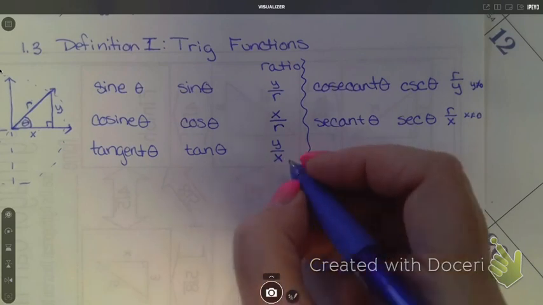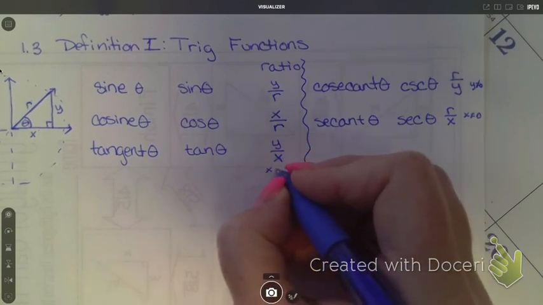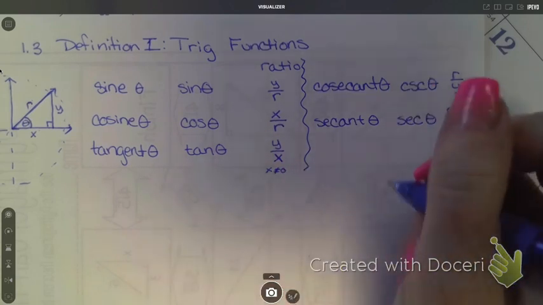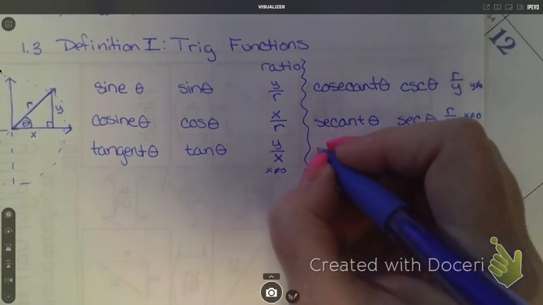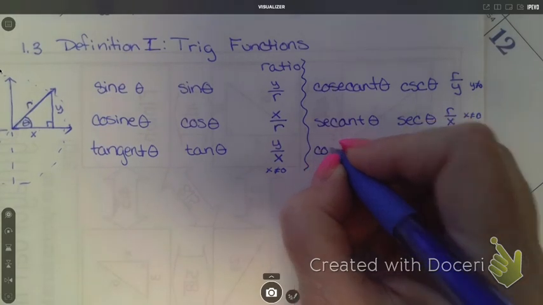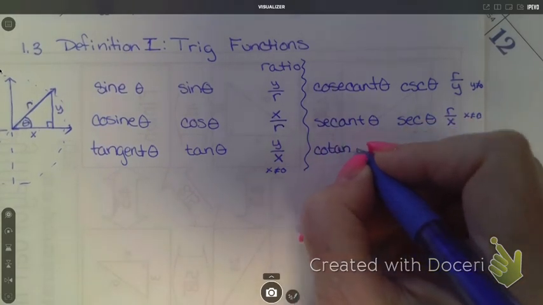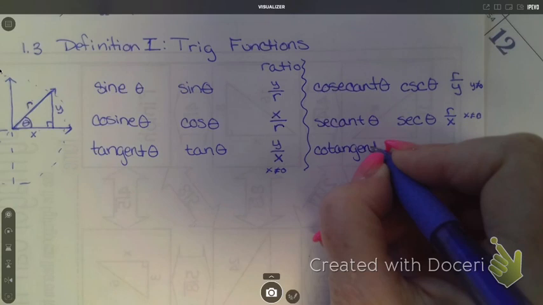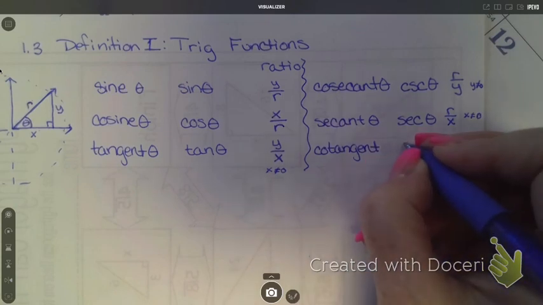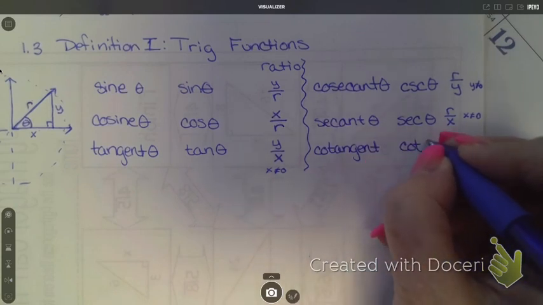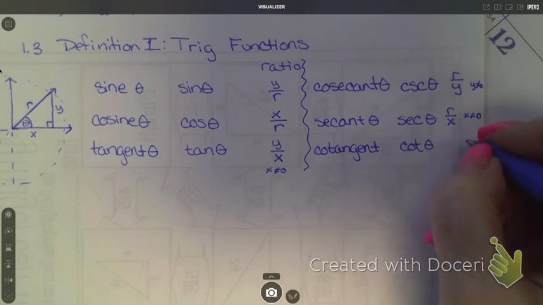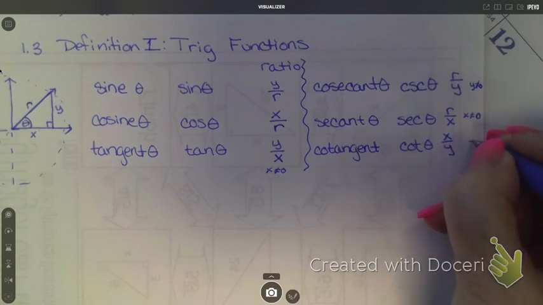Oh, on tangent, what can't x be? 0. Sorry, I should have said that. And the last one we have is cotangent. And we just put COT of theta. And that is x over y. And what can't equal 0? Y.